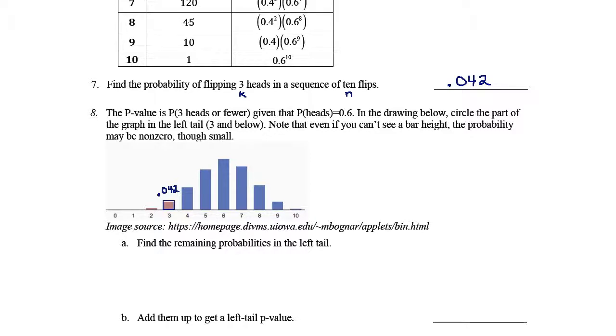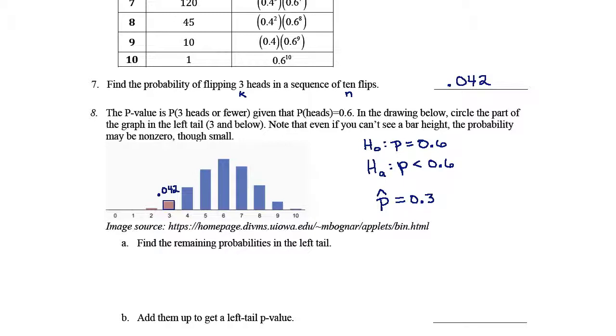Now let's just take a moment to remember a few things. We had a set of hypotheses at the beginning of this, where the null hypothesis was that the probability of flipping a head really is 0.6, and the alternative hypothesis is that the probability of flipping a head is less than 0.6. We also saw that from the sample of 10 flips, we had a sample proportion p hat equals 0.3 because we got heads 3 out of 10 flips.